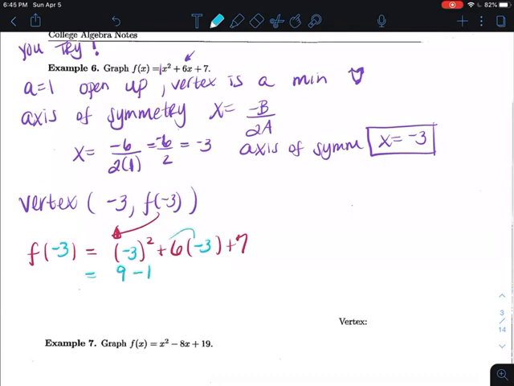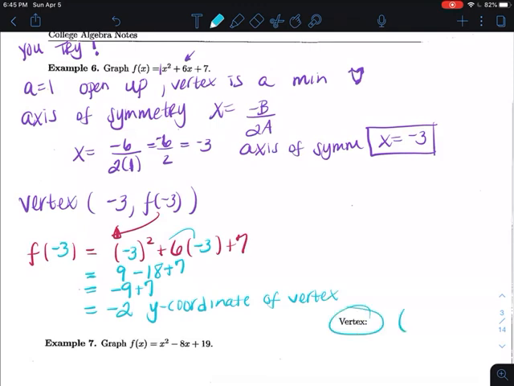Positive 6 times negative 3 is negative 18, plus 7. 9 minus 18 is negative 9, plus 7. Negative 9 plus 7 equals negative 2. This is the y-coordinate of my vertex. So therefore, my vertex, I'm going to write it down here, is negative 3, comma, negative 2.